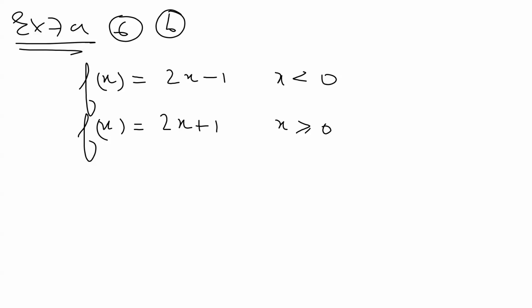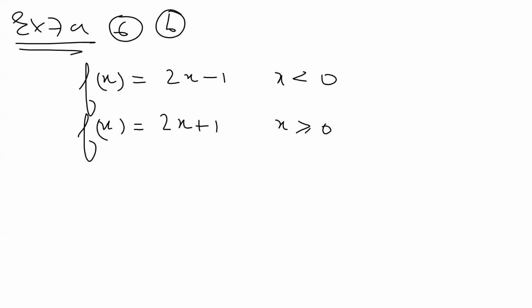So first we'll find out LHL, the left hand side limit, x approaching 0 minus. 0 minus is x less than 0. Now the function is not the same. So x less than 0 is this function, 2x minus 1.